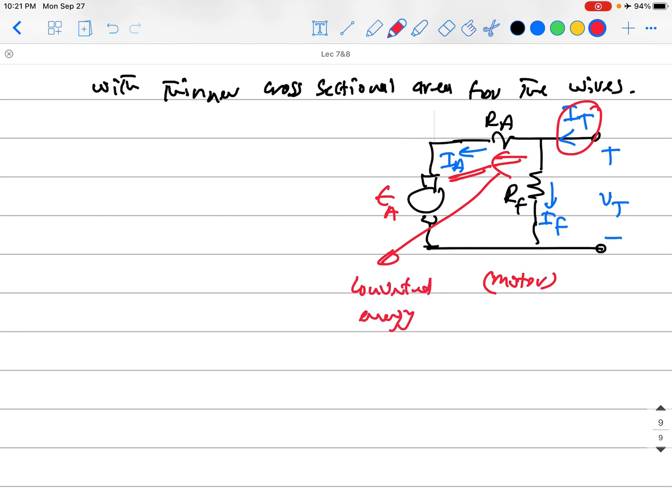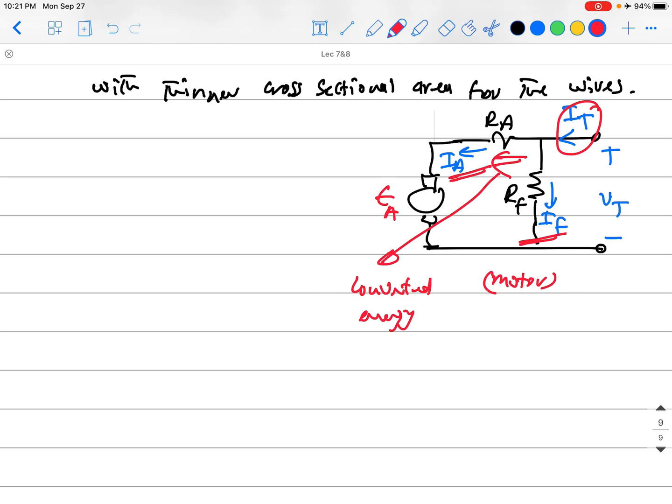Okay, so the energy that's really going into the field winding here is not a part of the energy conversion. We are not calling it losses. It's not something we lose actually, because we need to create a magnetic field for the energy conversion process to happen, but it's not a part of the energy conversion.